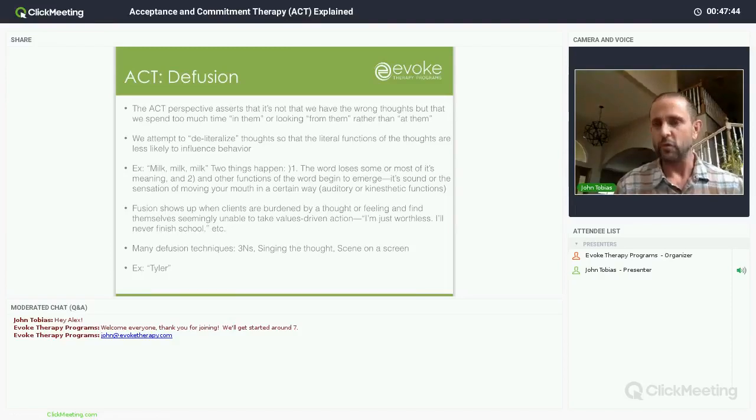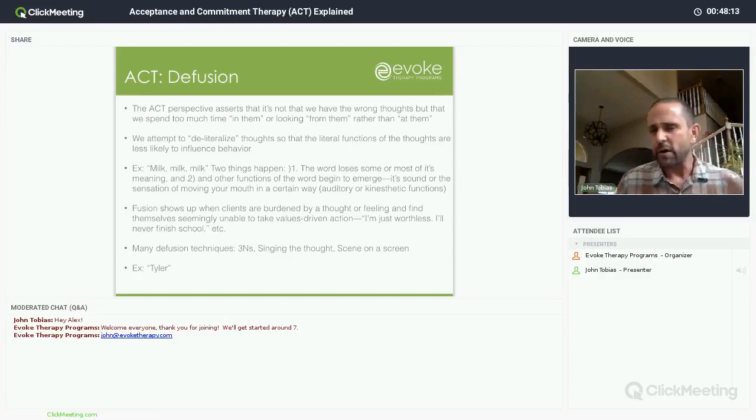And typically, two things happen at the end of that 60 seconds. One is the word begins to lose at least some of its meaning. And two, other functions or other aspects of the word begin to emerge. Whether it's the sound itself or the sensation of your mouth making that motion in a certain way.